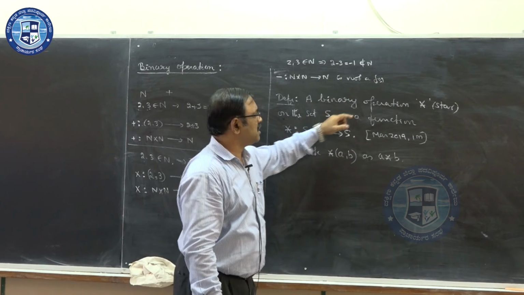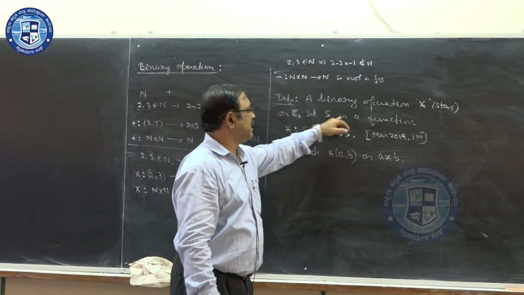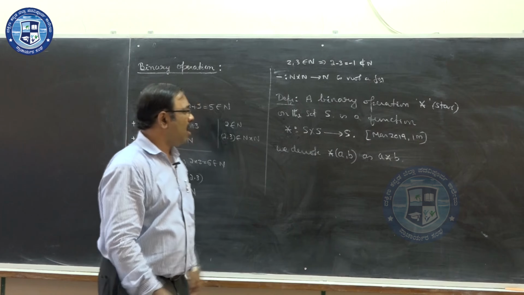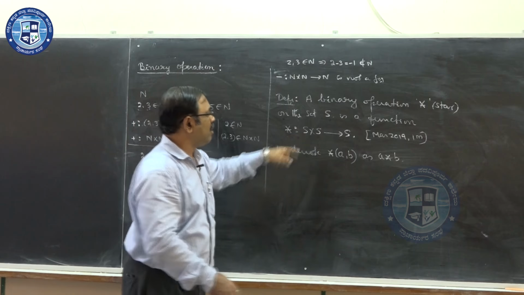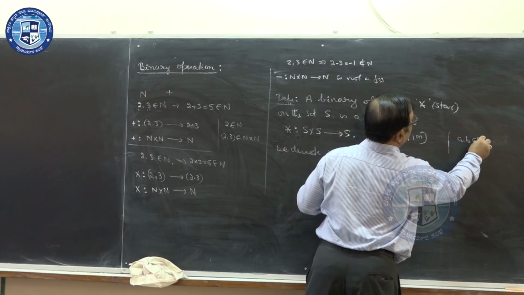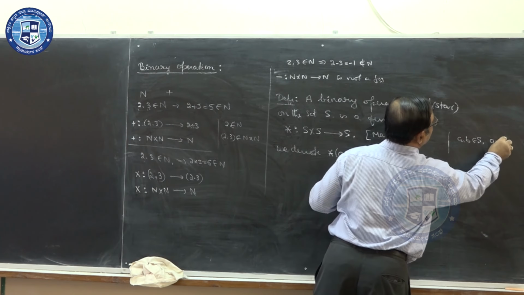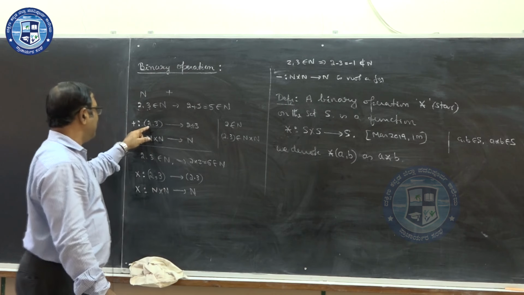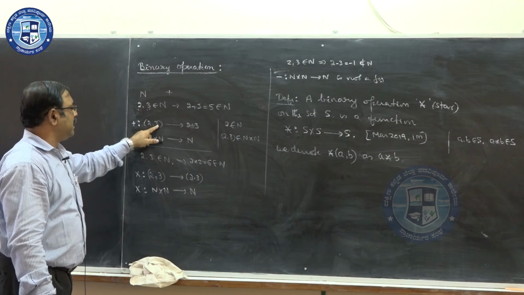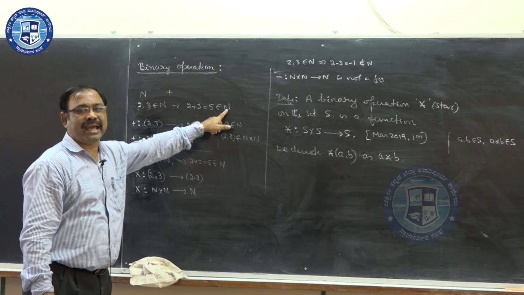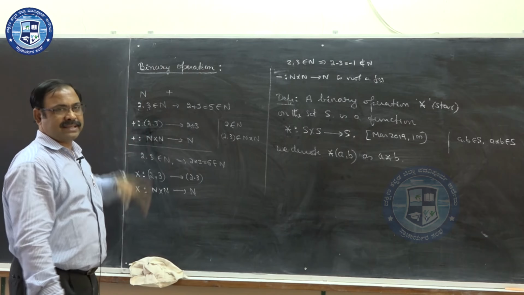So, a binary operation star on the set S is a function star from S cross S to S, or for all A comma B belonging to S, A star B belongs to S. The same thing for A comma B belonging to N, A star B belongs to N. Here star is plus.